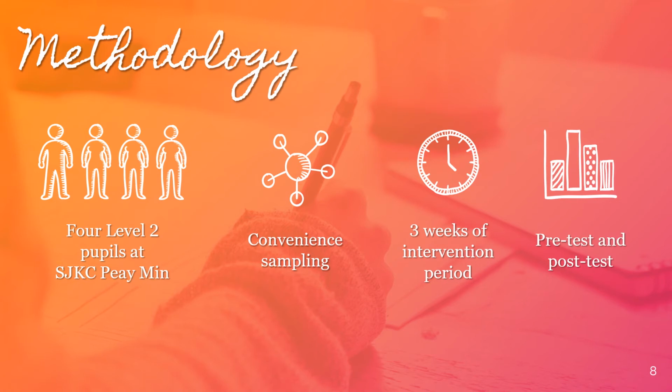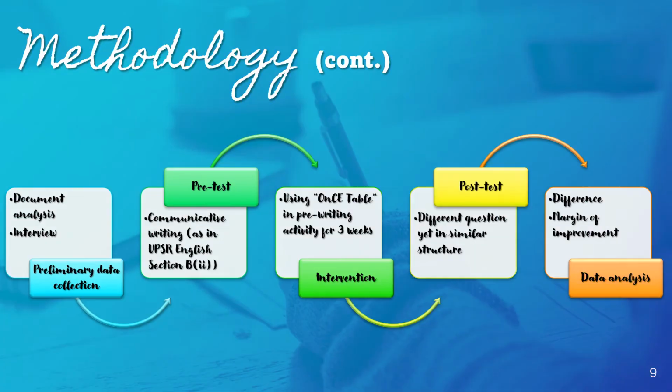During the intervention, I did the pre-test and post-test with them to determine whether the ONCE table has really led to improvement in their communicative writing or not. Before that, I did preliminary data collection, in which I analyzed their writing, and I also did an interview with them.